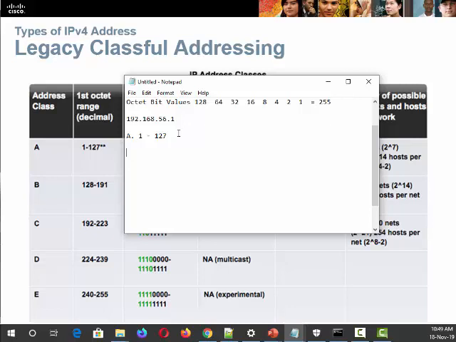But that's not correct. The reason why I said it is not correct is that class B will still start at where? 128. So where is now 127? If class A starts at 126 and class B starts at 128, where is 127? If you don't ask them, they will put it there that class 127 is what?